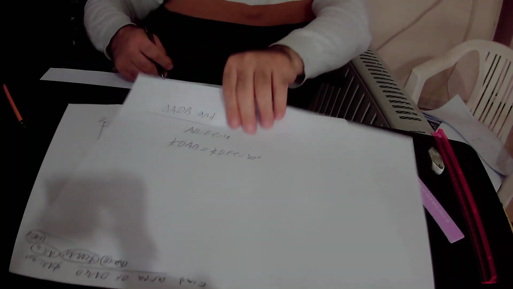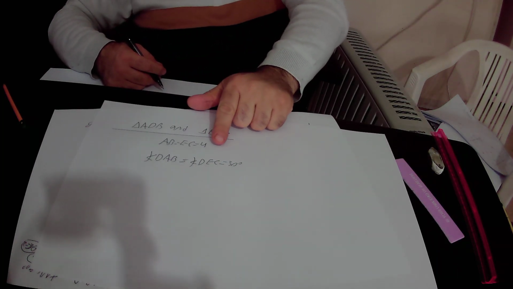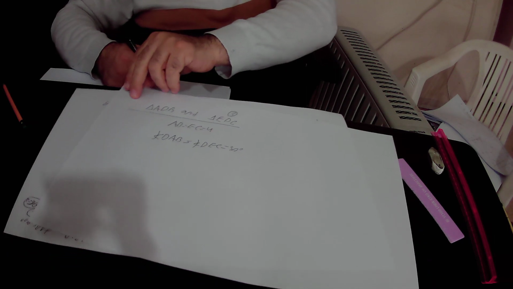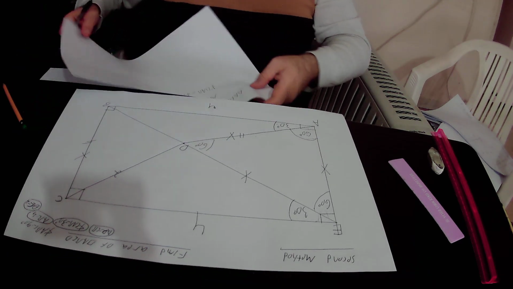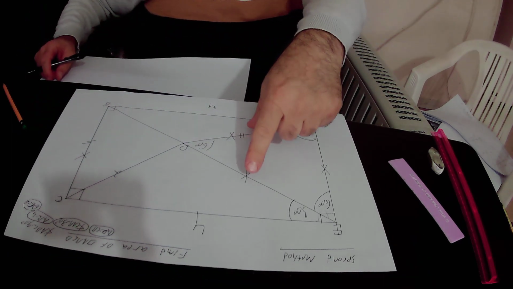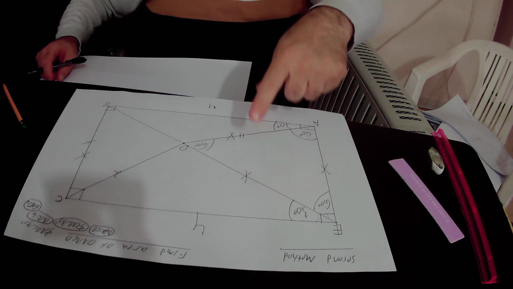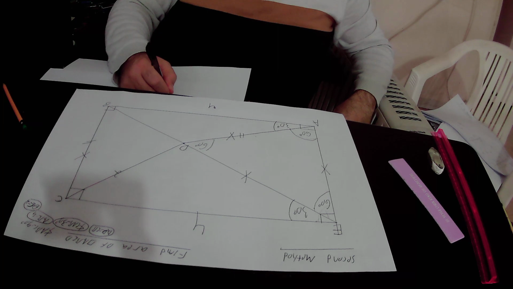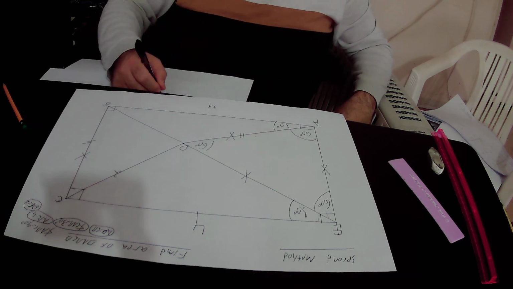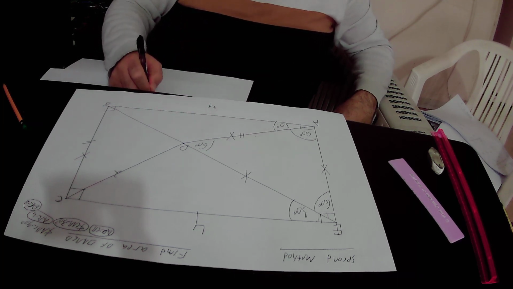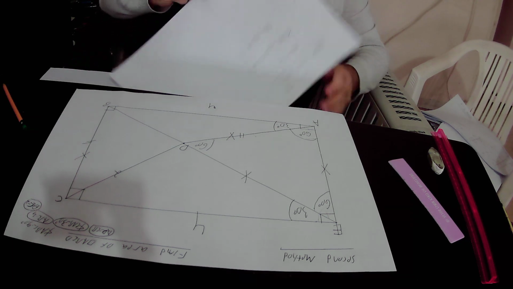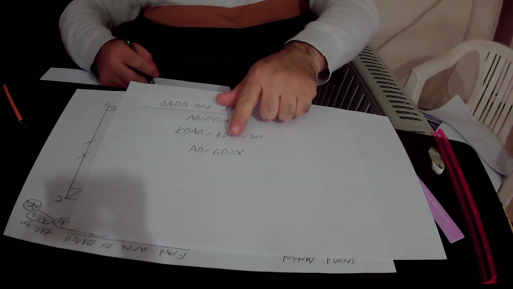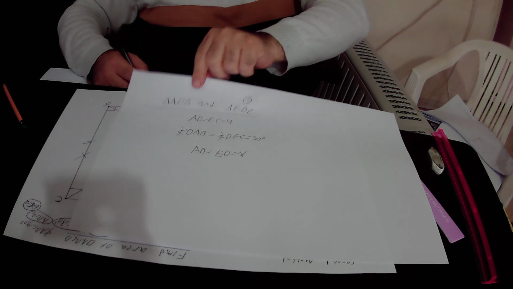And those two sides are equal to each other, they are both equal to x, so AD equals ED equals x.